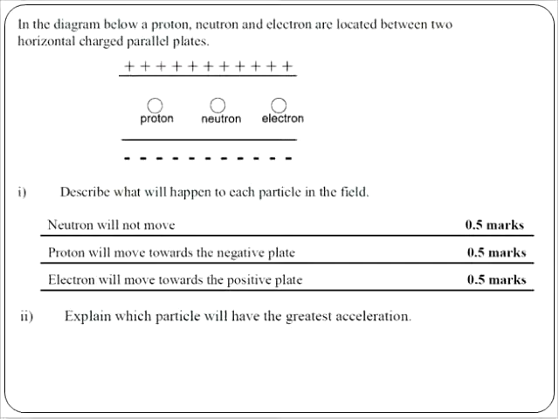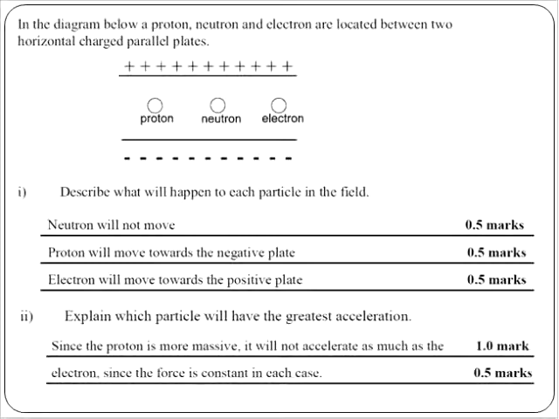But the other thing that affects acceleration is the mass. The electron is actually the lighter particle, with less mass. The proton has a higher mass, the electron has a smaller mass. Therefore, the proton will have the lower acceleration and the electron will have the greater acceleration. That's the explanation for that.